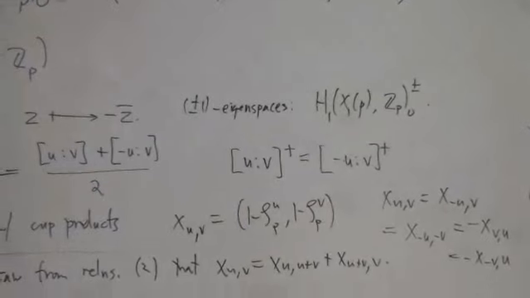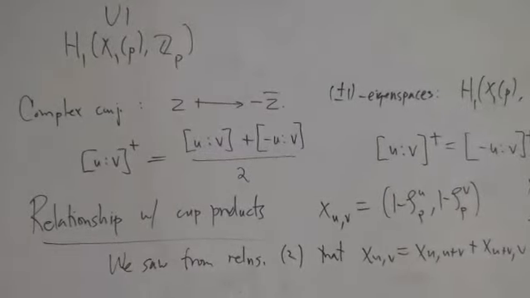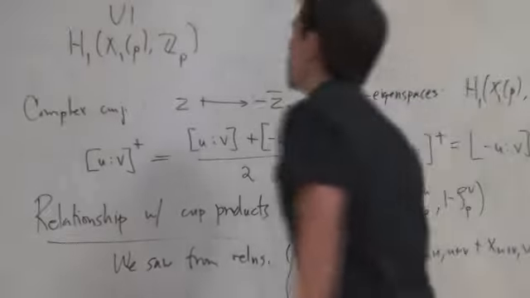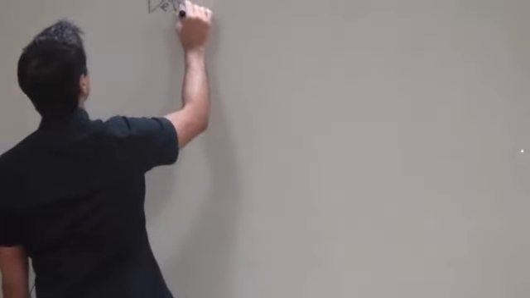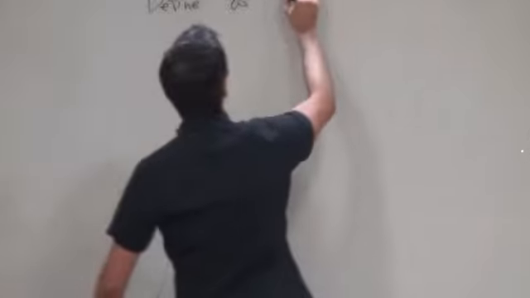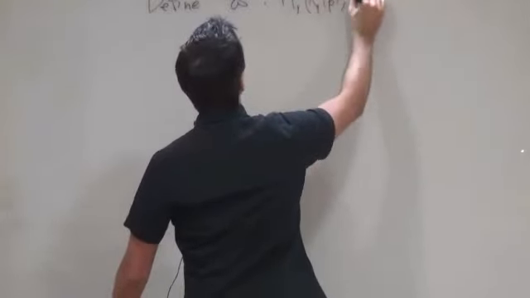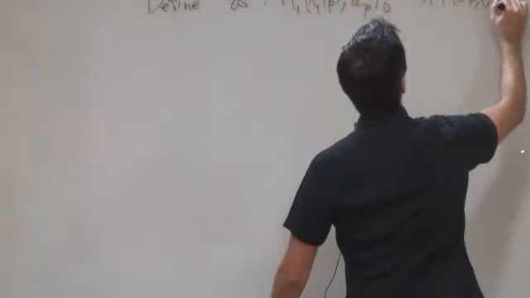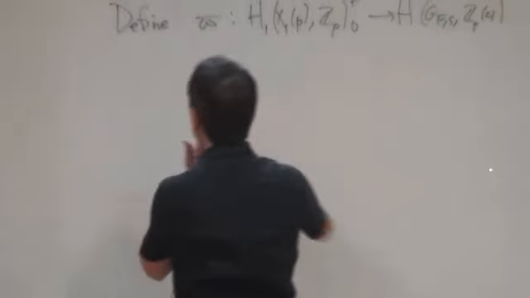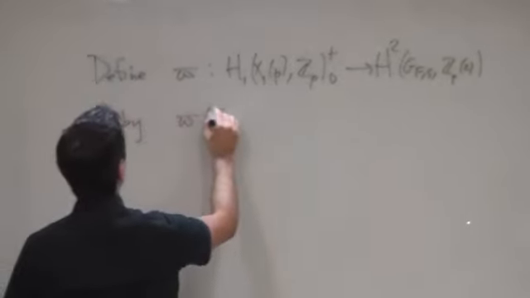Sorry. Yeah, that's right. So it satisfies all of these relations. Therefore, I can define a map, because these relations give a presentation of this group. I can define a map as follows. Define π from H_1(X_1(p), Z_p) plus 0 to H^2 by π of (u,v) equal to (1 - ζ_p^u, 1 - ζ_p^v).